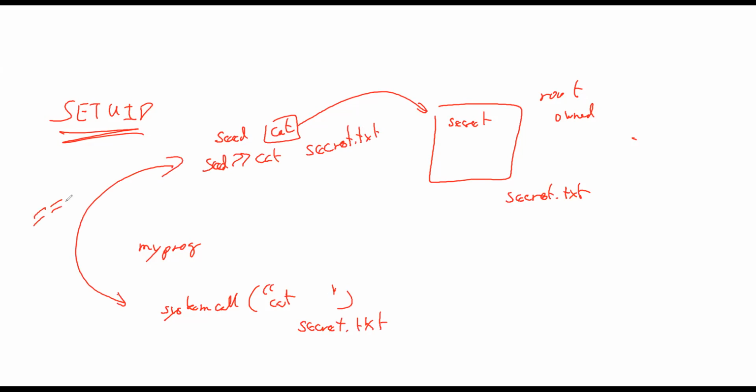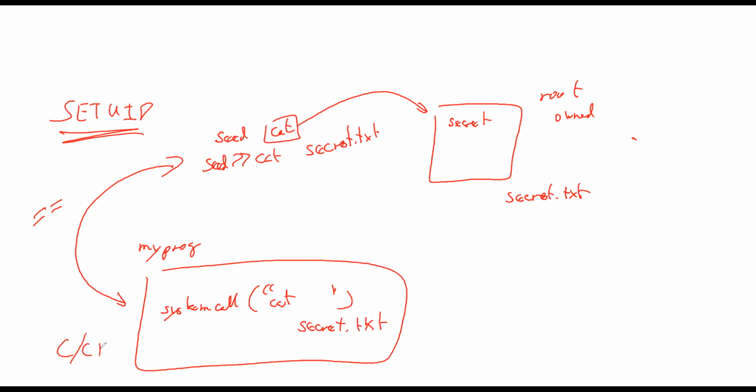Only one is done on the terminal, and the other is done through C++. But you're literally just doing the same thing. The difference is that here you are definitely seed, and this is root owned, so it will never let you because of access control.